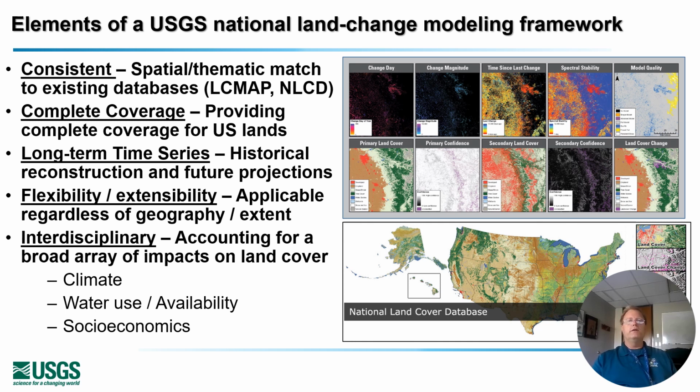And it's also interdisciplinary, so something that accounts for the broad array of impacts on land use and land cover. If we think of the things that impact land use and land cover, it's a number of biophysical parameters, including climate change, but a lot of socioeconomic variables as well.